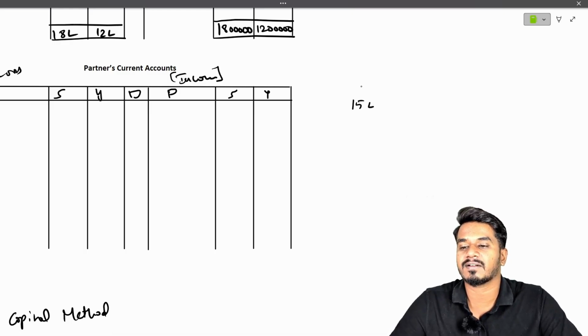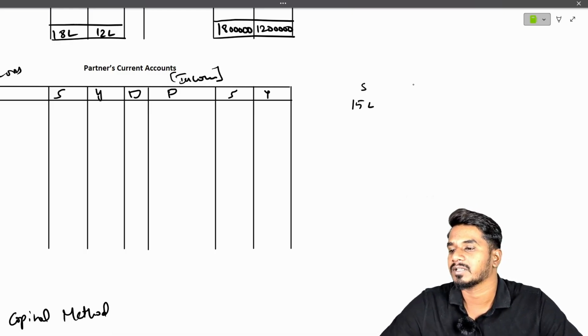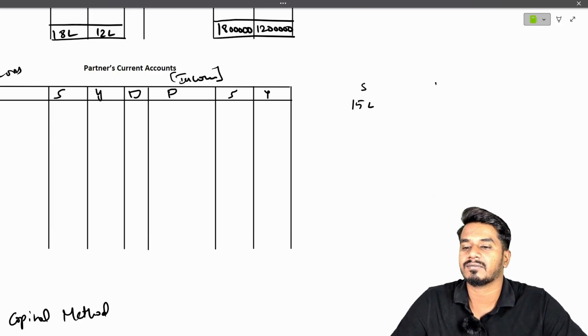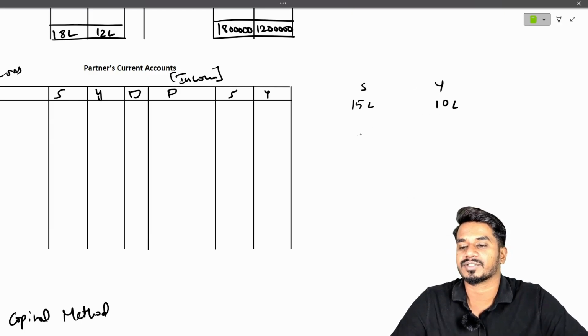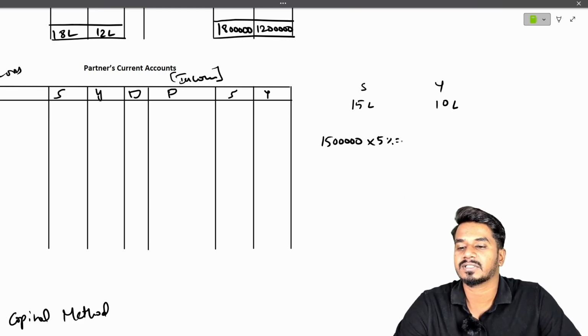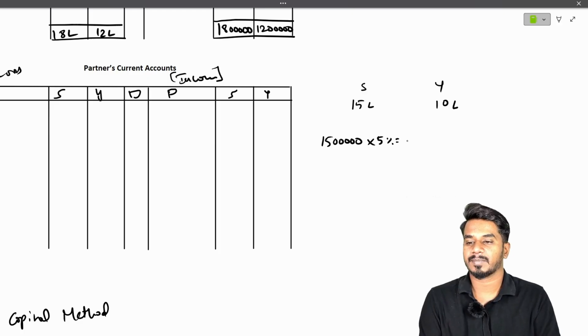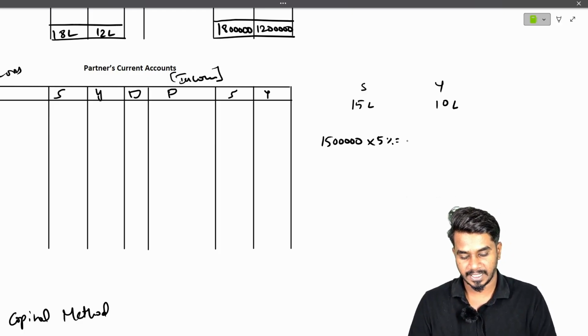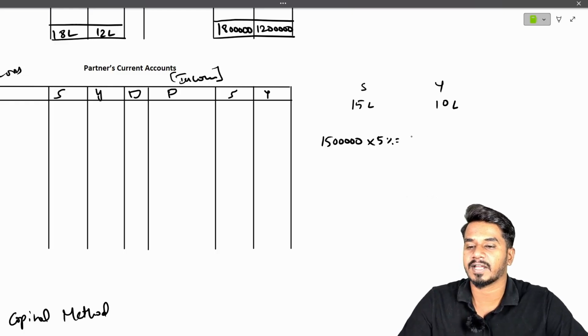It is 15 lakh for Samir, and for Yasmin it is 10 lakh rupees. So let us calculate. 15 lakh rupees for full year at 5%, let me calculate, 15 lakh into 5%. It is 75,000.